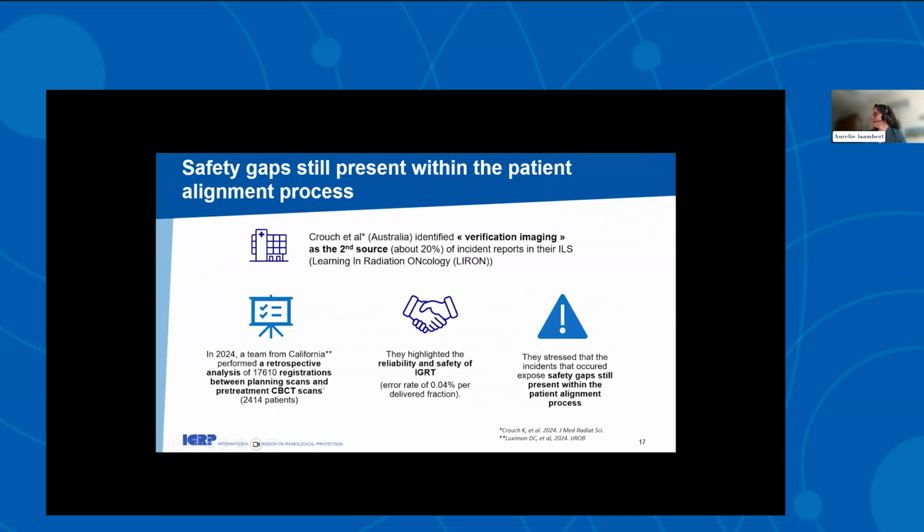Another work was performed by a team in California. They performed a retrospective analysis of more than 17,000 registrations between planning CT scans and pre-treatment CBCT scans. Through this analysis, they of course highlighted the reliability and safety of IGRT.